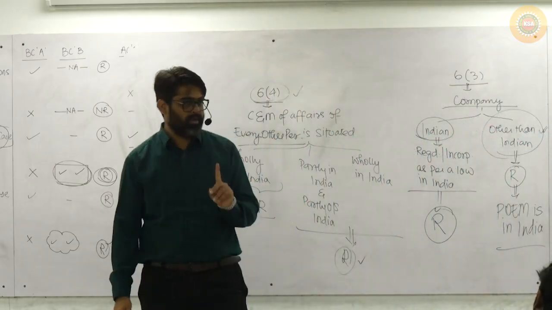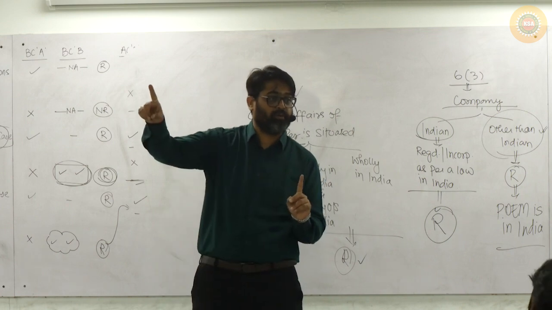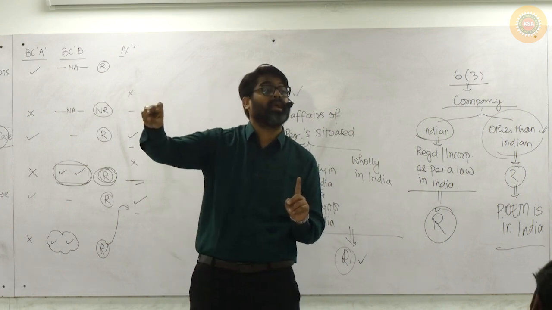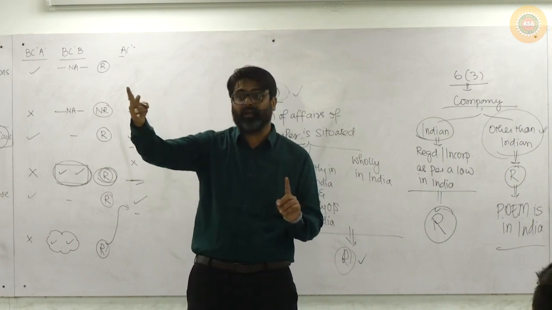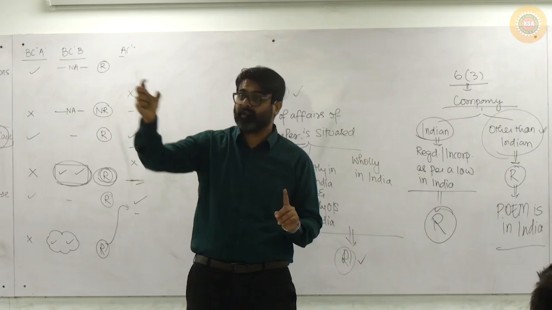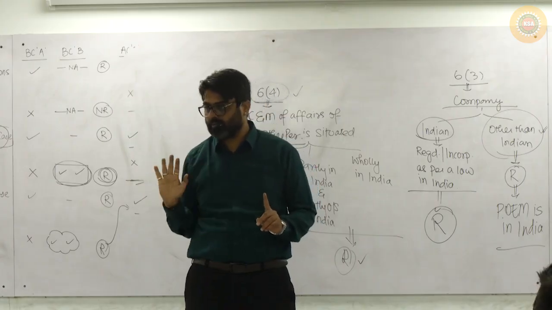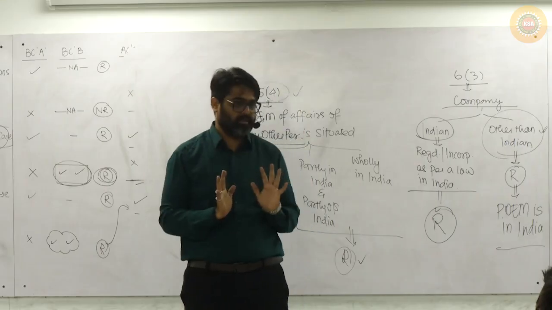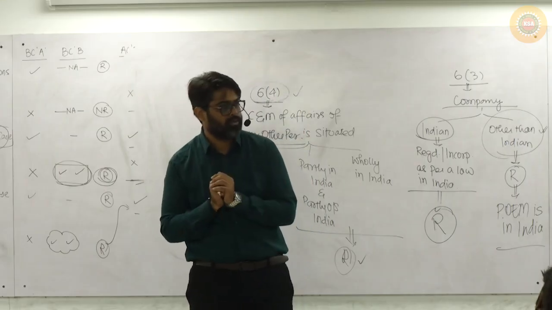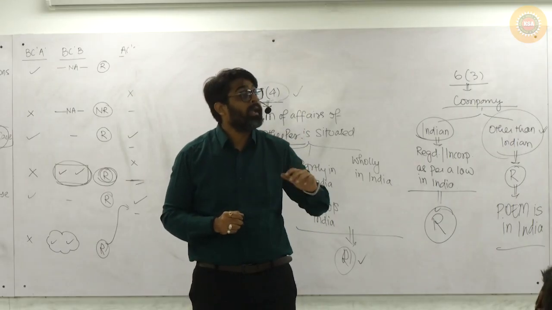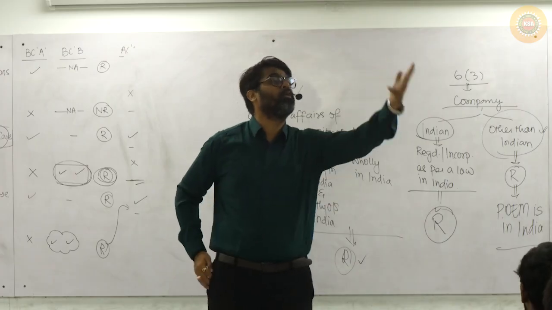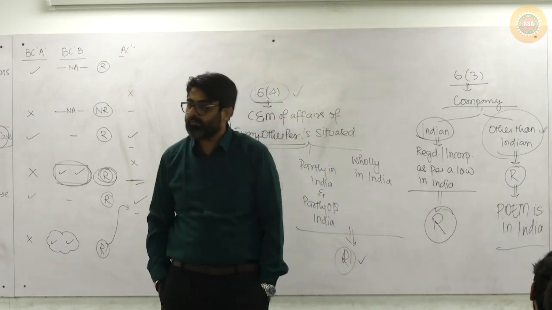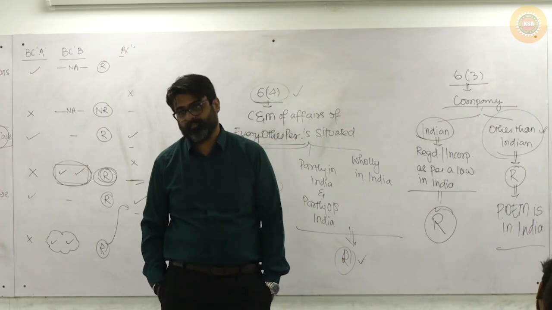The words control and management you are going to use for HUF, partnership firm including LLP and AOPBY, and every other person. But if you come to companies, the words control and management are not used. What word is used? Place of effective management, POEM.